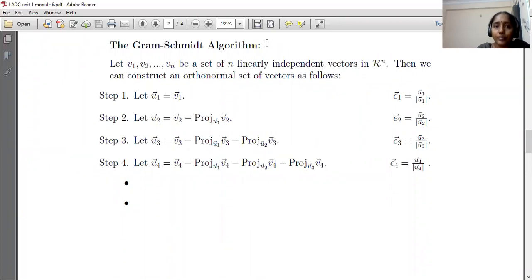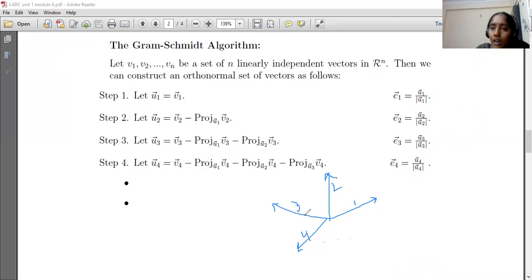Here we consider, this is V1 and this is V2 and this is V3 and this is V4, and so on.